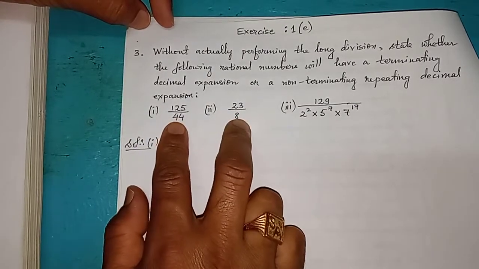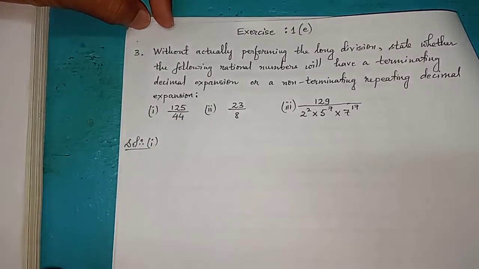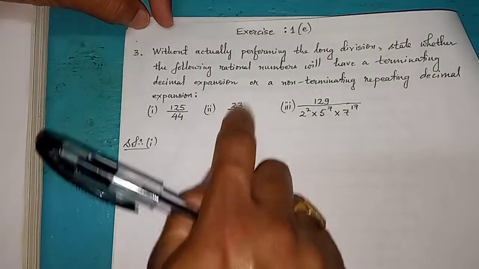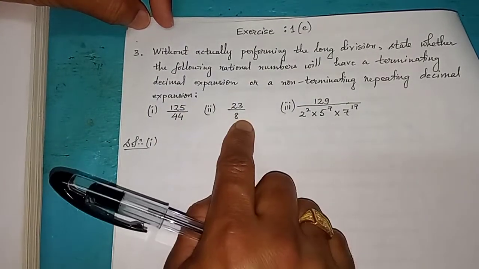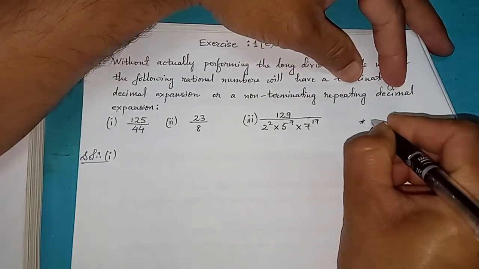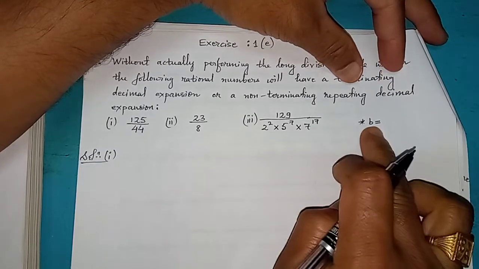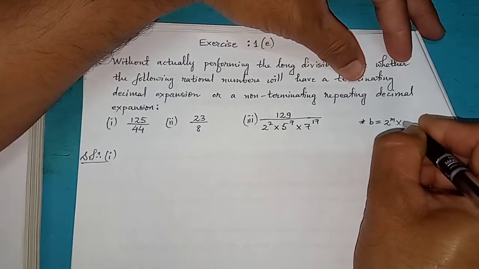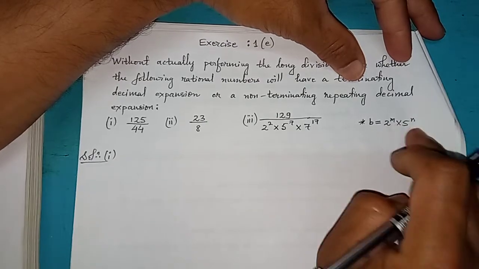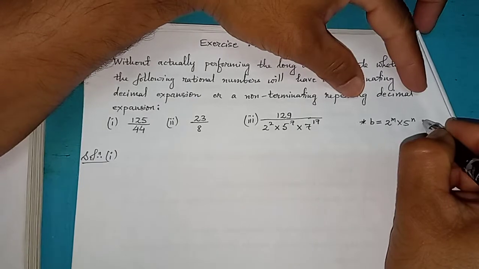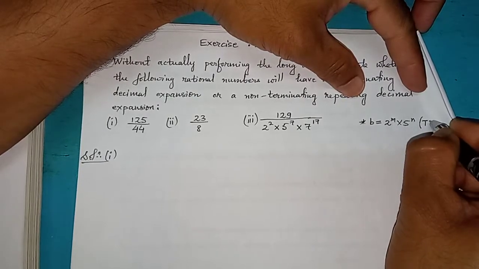You do only the prime factorization of the denominator, and then after doing prime factorization of the denominator b of a by b, you know the rule. If your denominator b is in this form, meaning it has prime factors of 2 and 5 only with non-negative powers, then it will have a terminating decimal expansion.